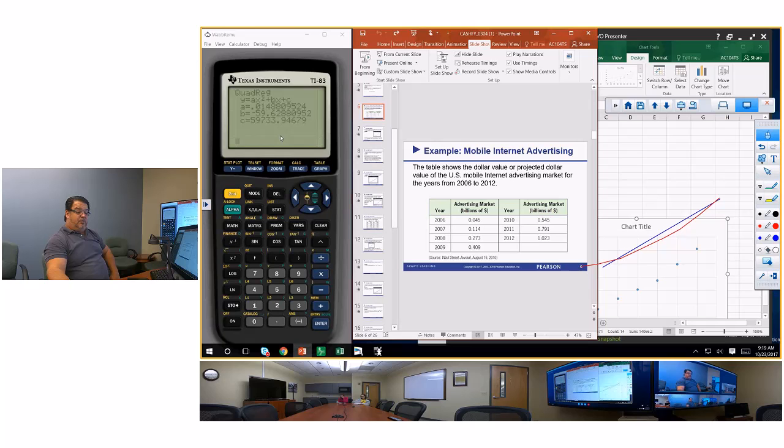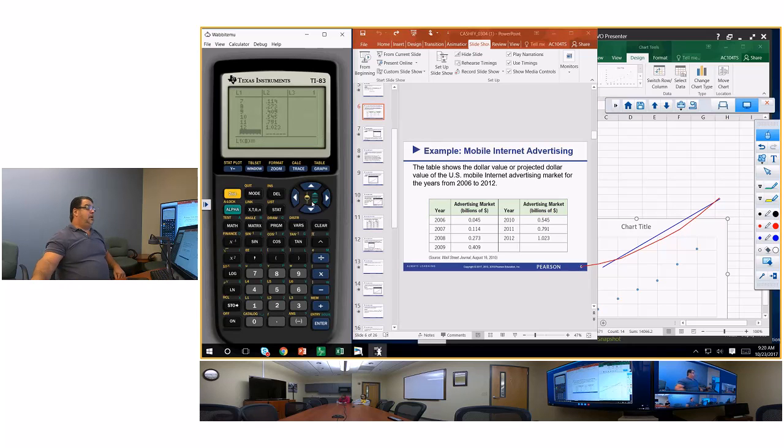Now, if you notice, that y-intercept is huge, but it doesn't look like that on the graph. And I think the reason is that 2006 and 2012, those are not mathematical years. So what we might want to do is change our format and go over here to Stat and Edit, and maybe change these to years since 2000. So this would be 6, this would be 7, 8, 9, 10, 11, 12.